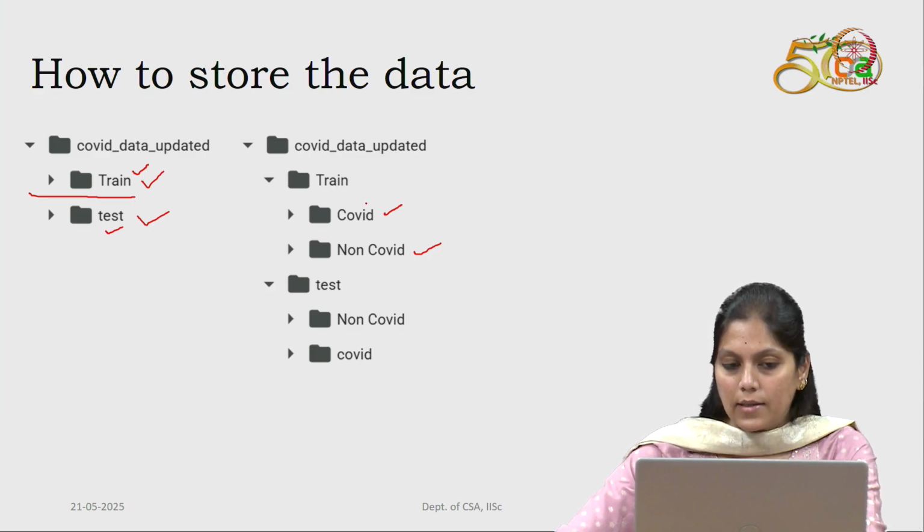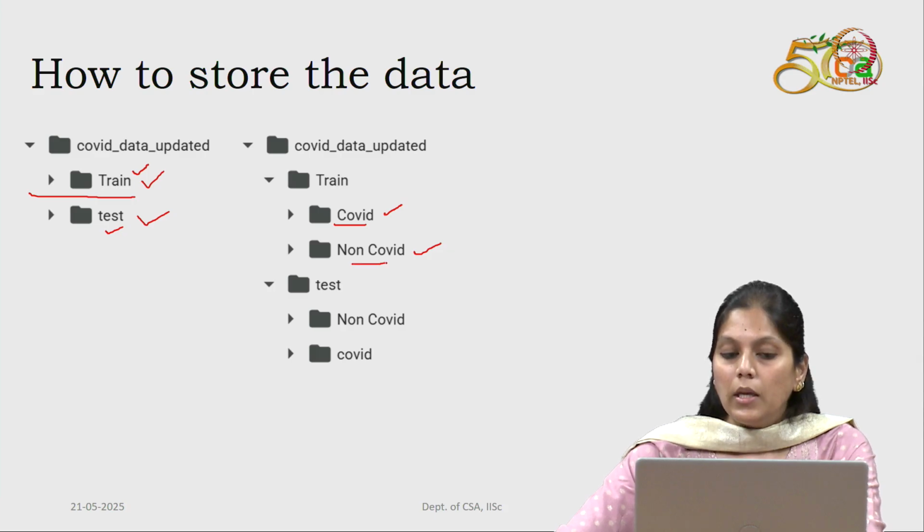Because it is a binary classification, under training you will have a folder where you pass all the COVID images, and a folder where you pass the non-COVID images. In general, you will have a train folder and a test folder, and inside these we will have subfolders.